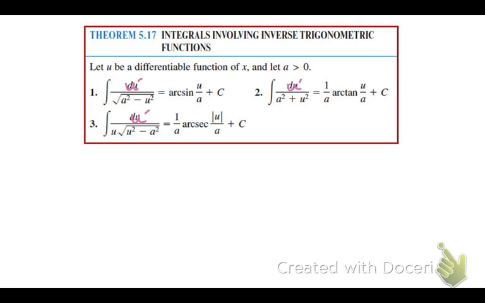What was that page that had? 385 has basic integration rules. Okay, we good? Yep.